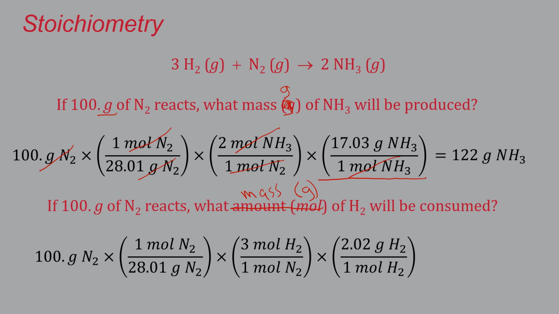You've just got, again, the molar mass of N2, the coefficients in the equation, and then the molar mass of H2. Do the dimensional analysis. Grams of N2 cancel, moles of N2 cancel, moles of H2 cancel, giving us a mass of H2, which is exactly what we wanted. And that's going to mean that we're going to need at least 21.6 grams of H2 to react completely with that N2.